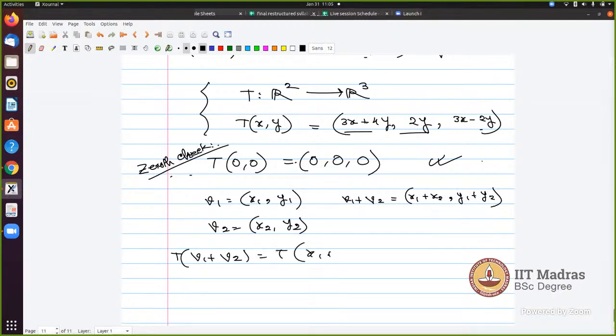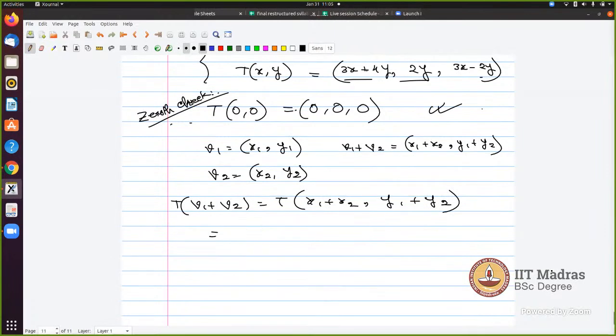T of x1 plus x2, y1 plus y2. Now, what is this? The mapping is, now x is your x1 plus x2, y is your y1 plus y2, comma 2 of y1 plus y2, comma 3 of x1 plus x2 minus 2 of y1 plus y2.